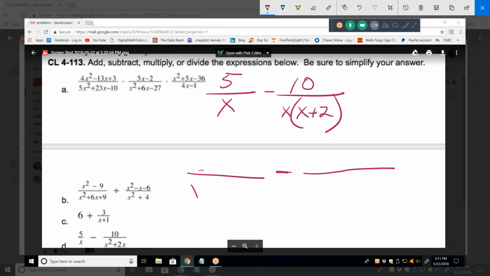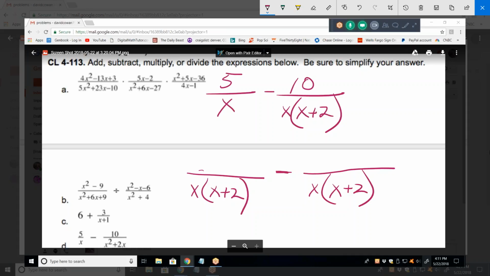It would be x times x plus 2. That right there. Yeah. Notice that that is divisible by x, correct? And it's also divisible by x times x plus 2. So it satisfies what we need from our common denominator: it has to be divisible evenly by both terms.